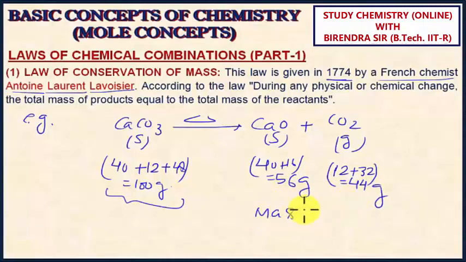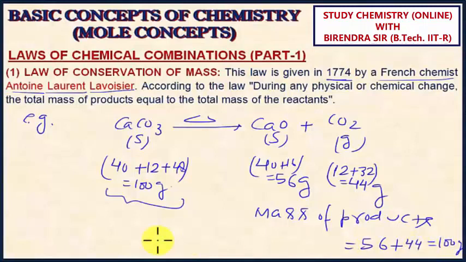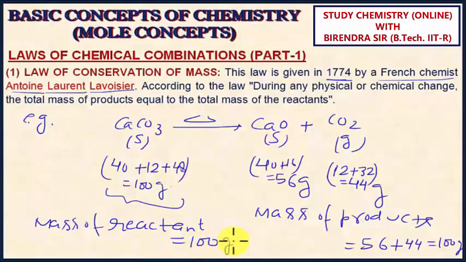So mass of products is equal to 56 plus 44, and that comes 100 gram, while mass of the reactant is also 100 gram. So mass of the products is equal to mass of the reactant, and that is given in the law of conservation of mass.